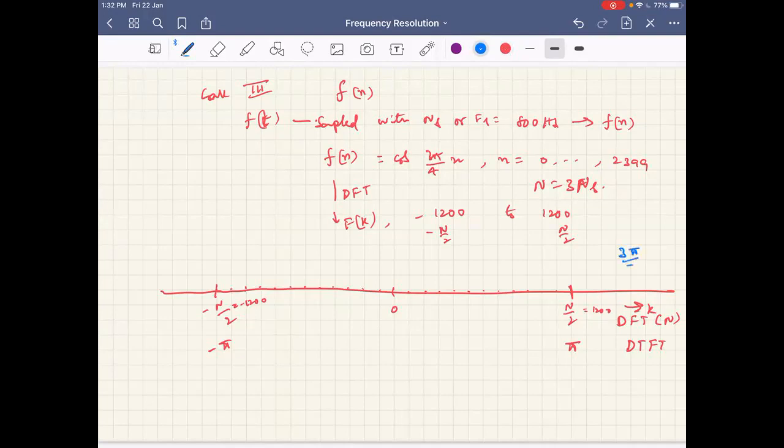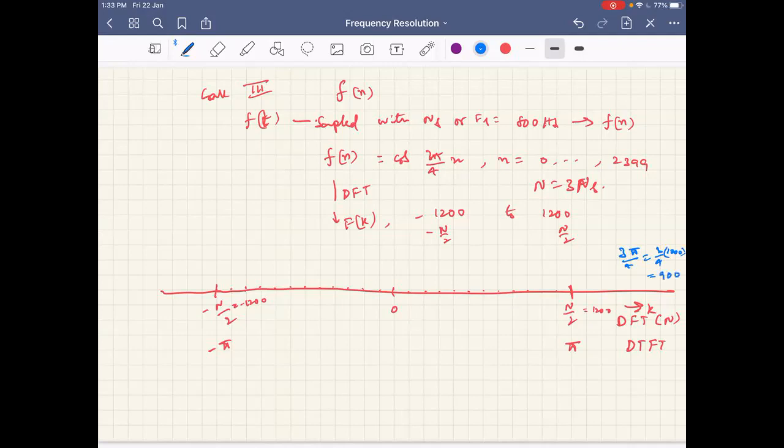So where you get the peaks will be 3 pi by 4. Here we have pi equal to n by 2, so 3 by 4 into 1200, which is equal to 900.